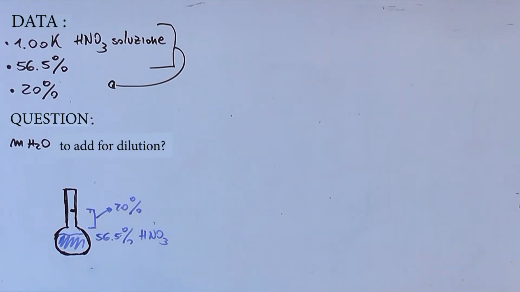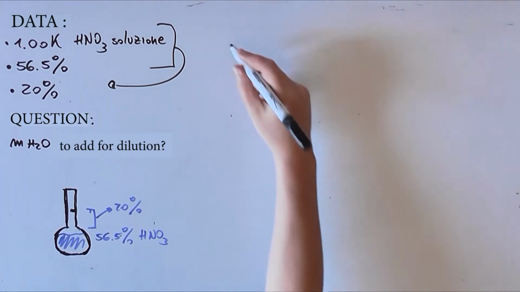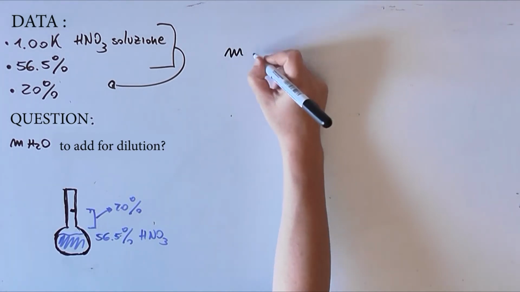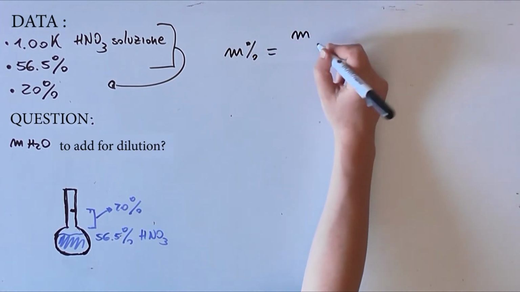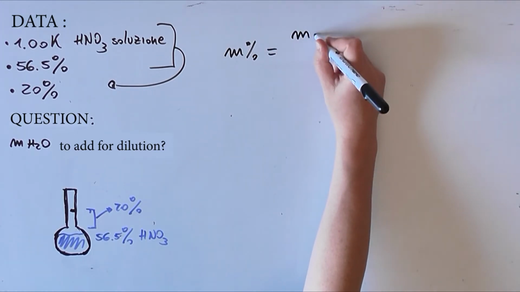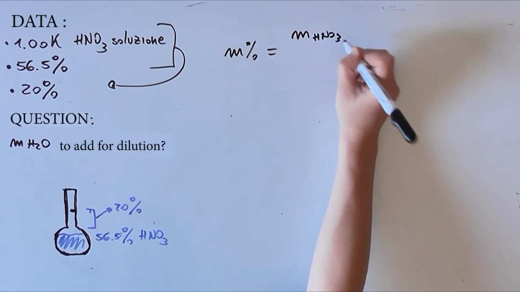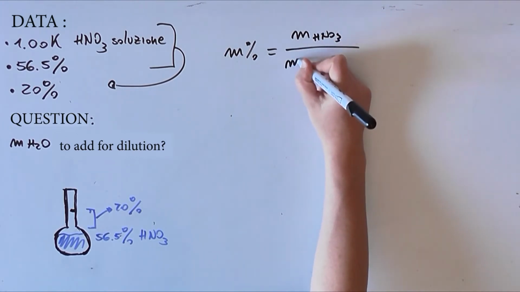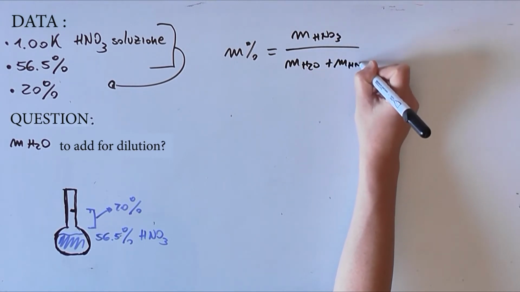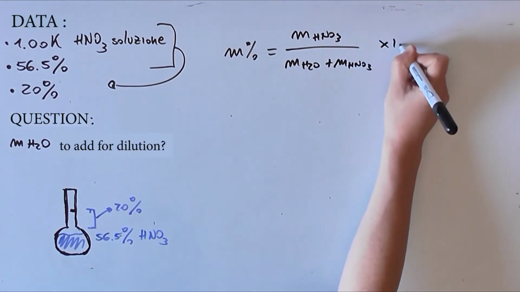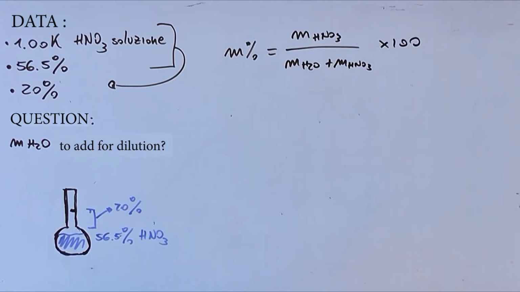So what I have to do is to make a dilution of this solution. So let's use our method to write the formula of percentage by mass. The mass of solute this time is HNO3, so let's write directly HNO3, divided by the solution, water plus nitric acid, times 100.